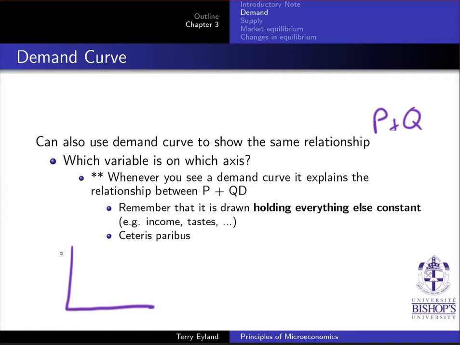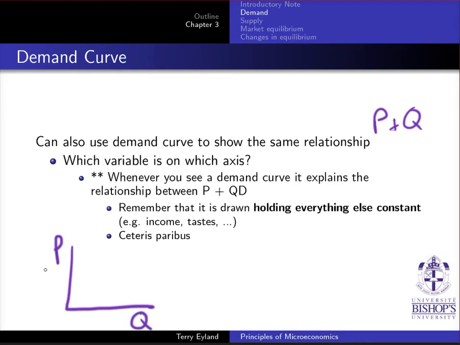And then you ask yourself, which of these goes on which axis? Typically you would think maybe quantity goes here, since quantity depends on the price. However, we'll often refer to this as the inverse demand curve or simply the demand curve because by convention, most people do it this way.